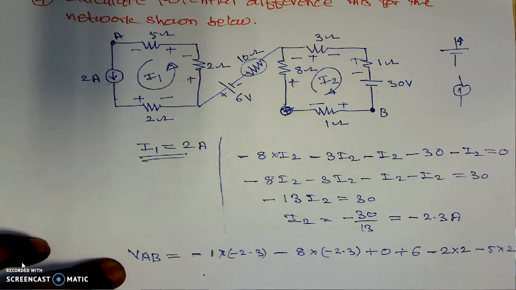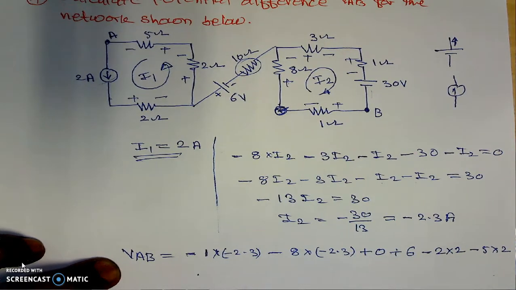Now if we simplify this, minus of minus is plus, that is 2.3, then minus into minus is plus, that is 8 into 2.3. If I do that calculation, 8 into 2.3 is 18.4.